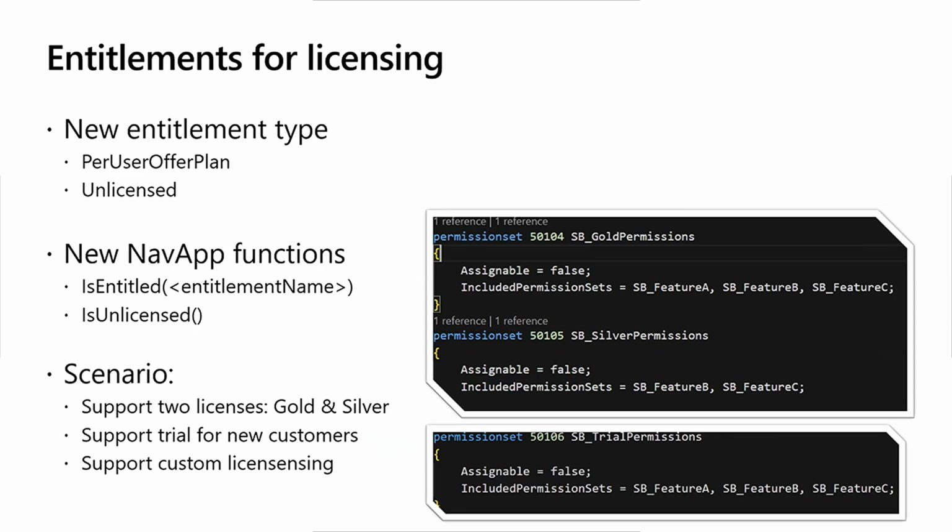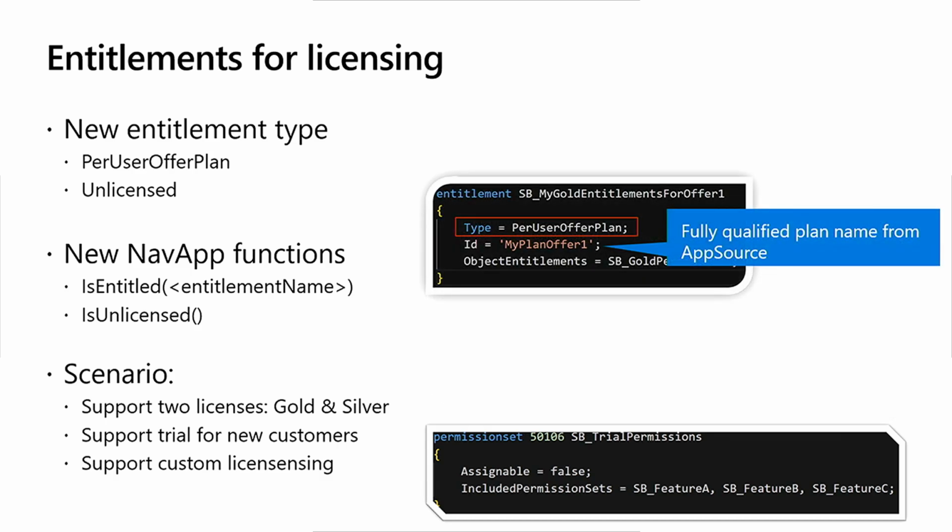The next step is to define the license. So the first thing I do is create an entitlement that defines a license for my gold, in this case. And it could look something like this. So here we have my gold entitlement. I define it using this new entitlement type called per user offer plan. Offer plan comes from AppSource.